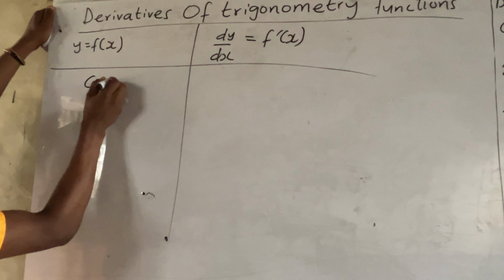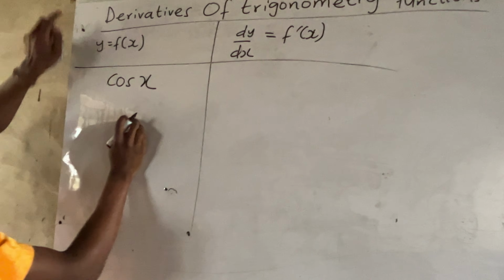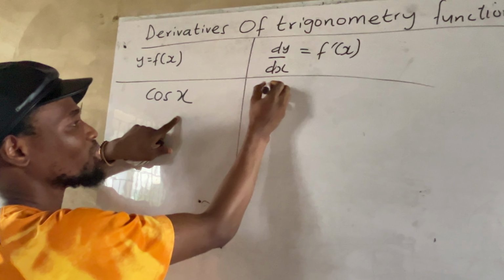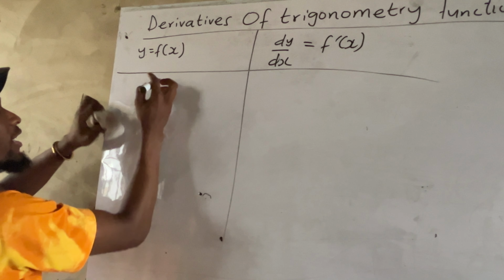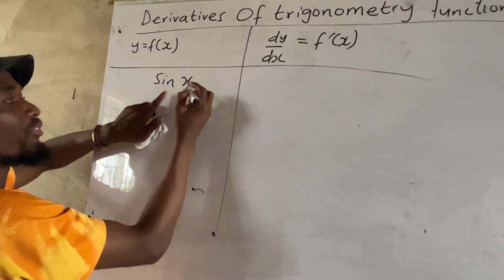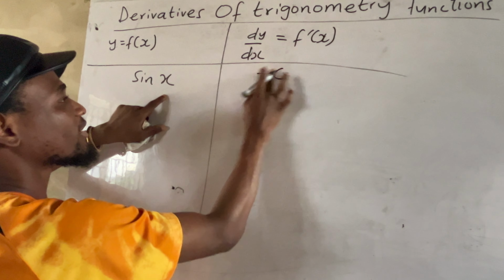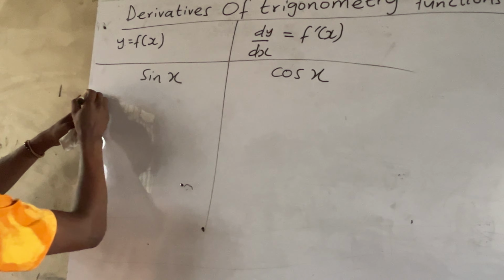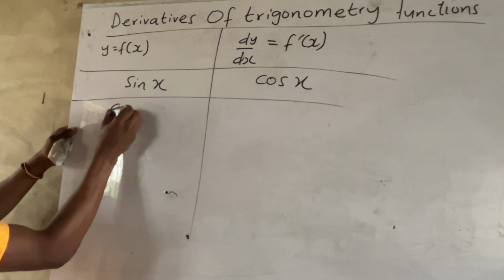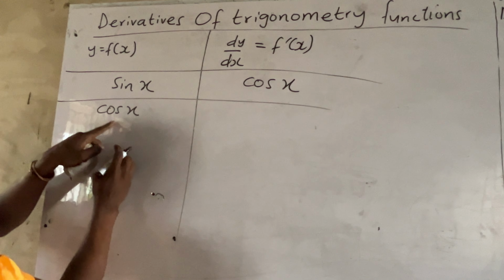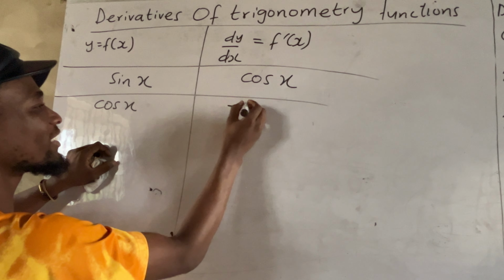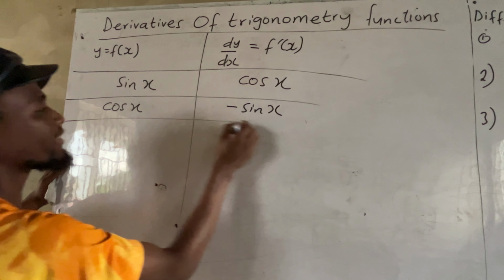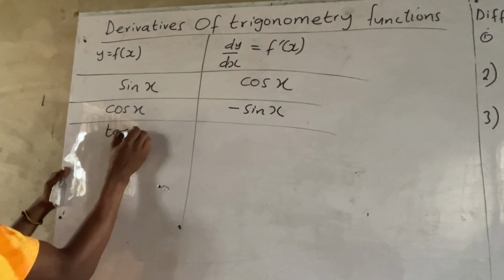Now recall that we said, let's start with sin x. When you differentiate sin x, we have cos x. When you differentiate cos x, you have negative sin x.